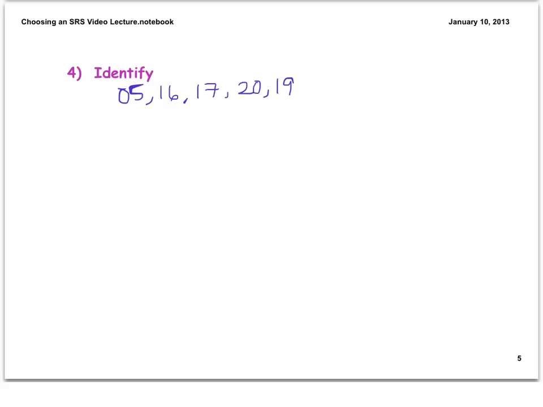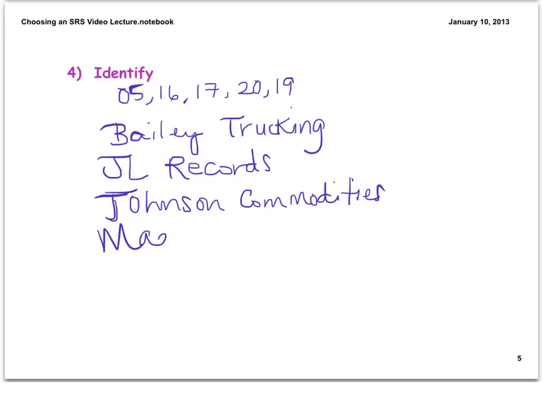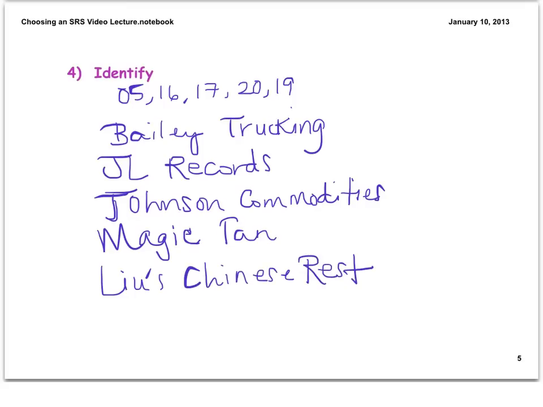If you look back to page 336 at the labeling, then we'll see that these clients are Bailey Trucking, JL Records, Johnson Commodities, Magic Tan, and Lou's Chinese Restaurant. So these are the 5 clients that Jones should choose based on our method in order to interview about client satisfaction.